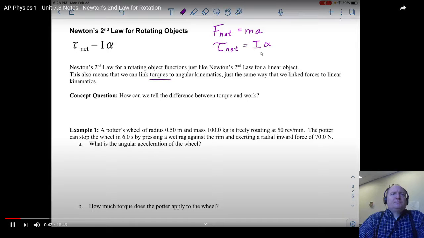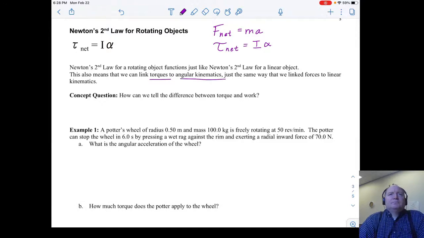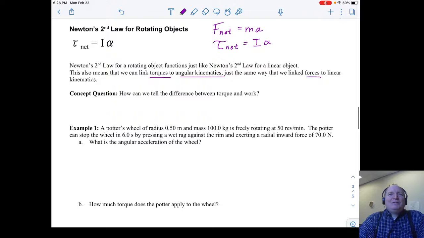And so we can link torques to angular kinematics just the same way that we link forces to linear kinematics. It doesn't always do it though. One thing to pay attention to, the unit for torque, you may remember, torque is force times the lever arm.